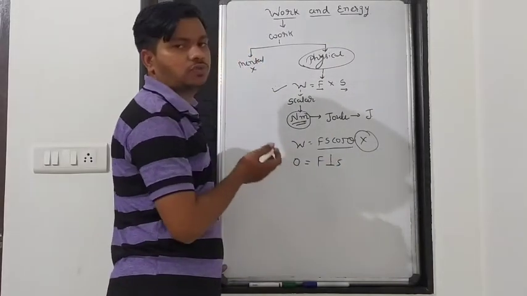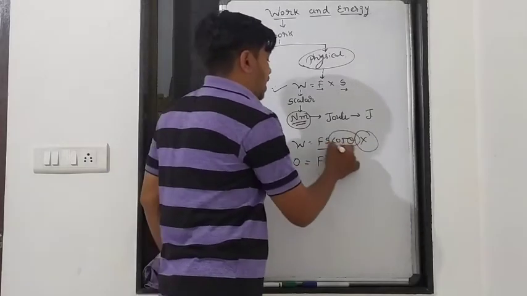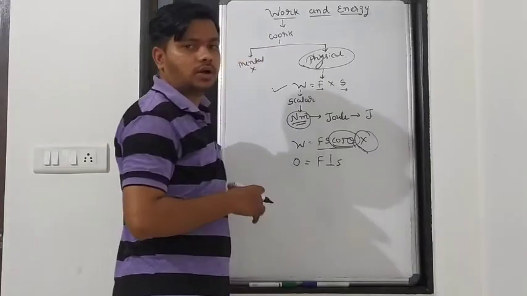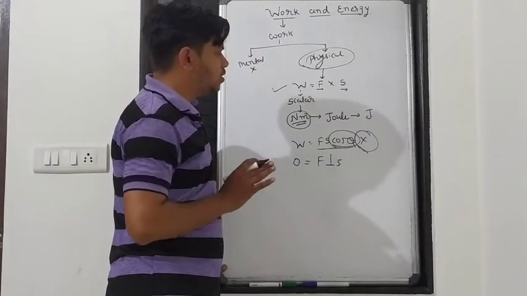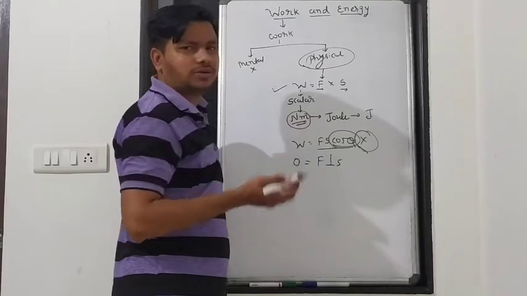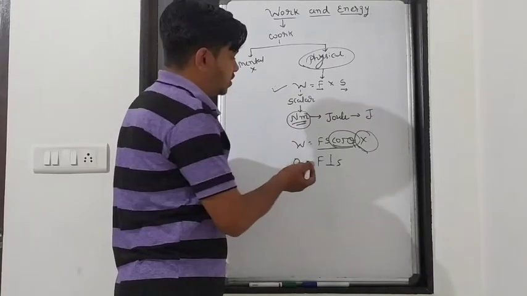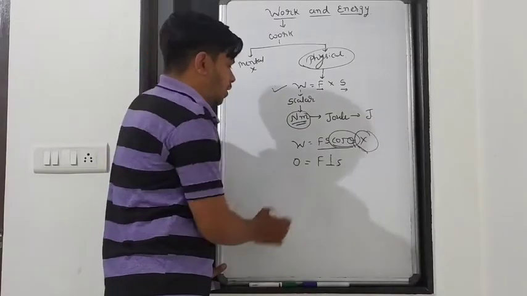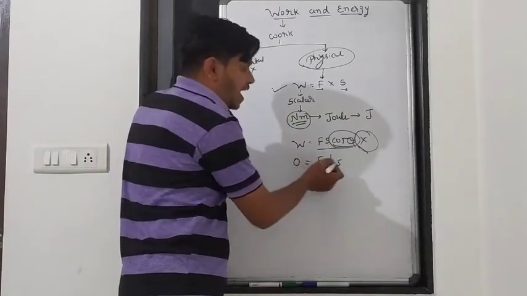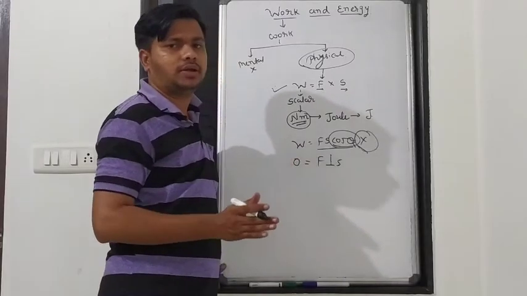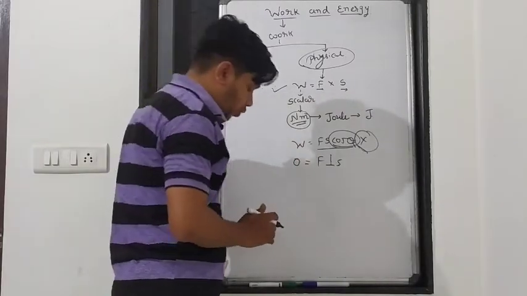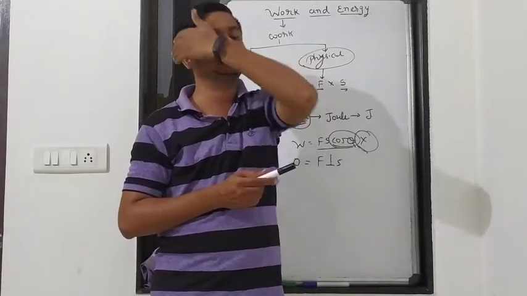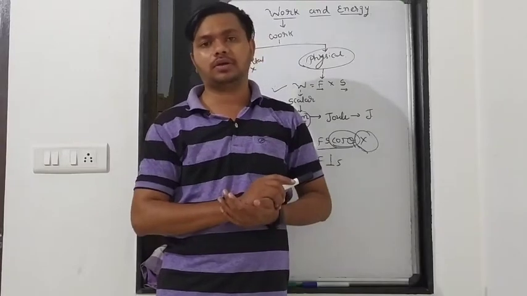You do not know about this cos theta yet, because it is a part of maths which will come in due time. So here, you just have to remember that if F and S are perpendicular to each other, then the work is zero. That's what we have seen in the previous two lectures, which is about work.